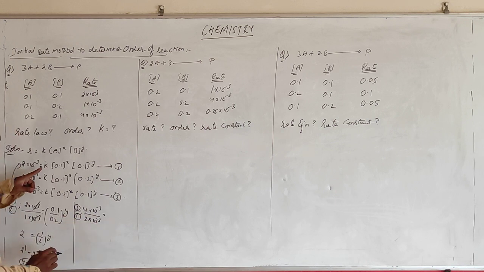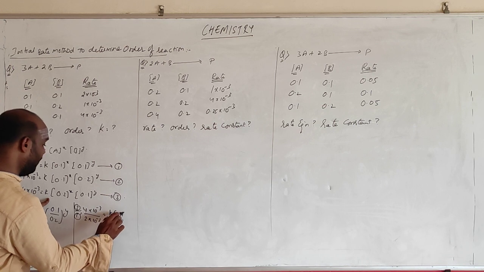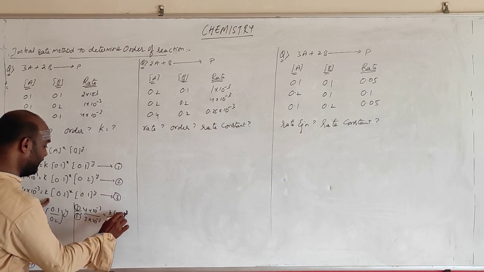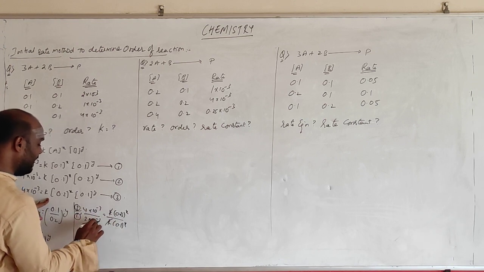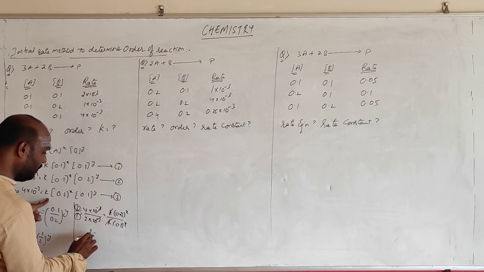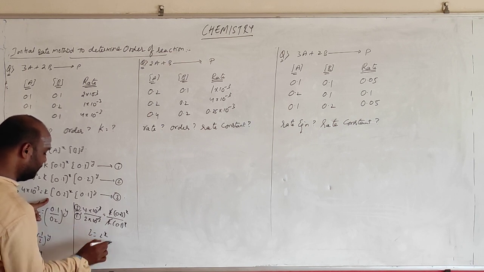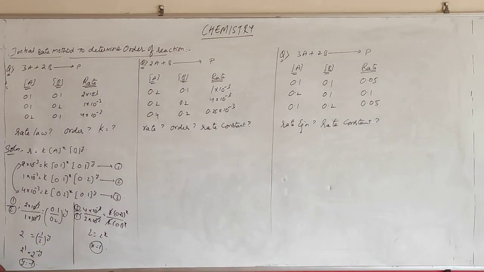So you will get k into 0.2 whole power x by k into 0.1 whole power x. k will be cancelled, and this becomes 2 power x. So x will be equal to 1. So the x value is 1, and the y value is minus 1.